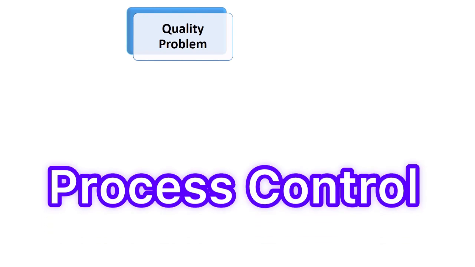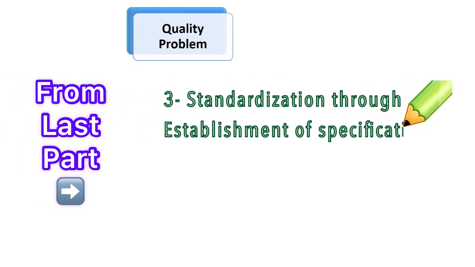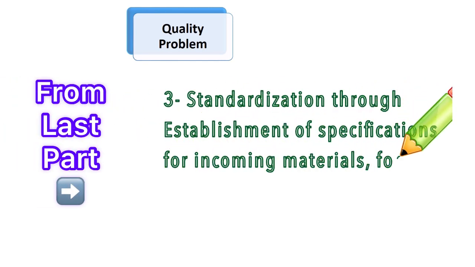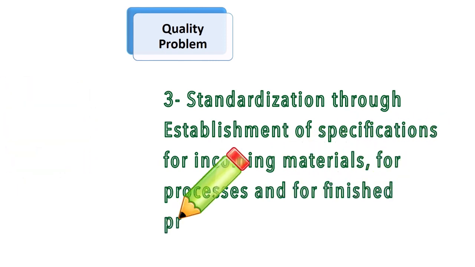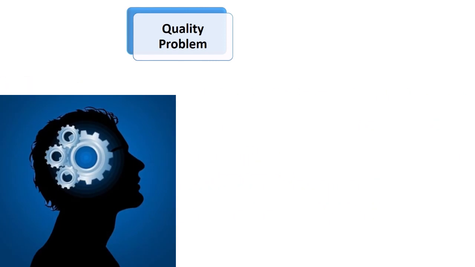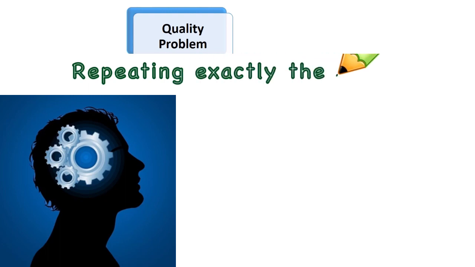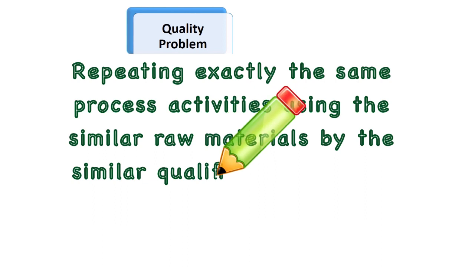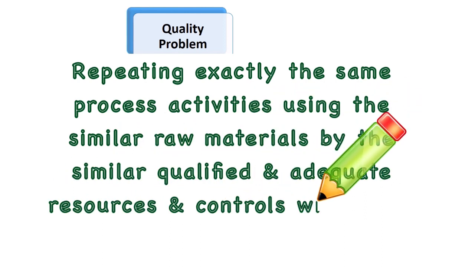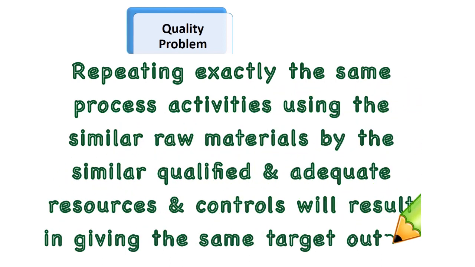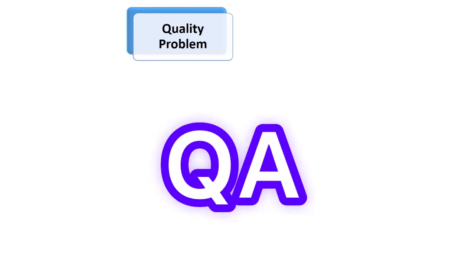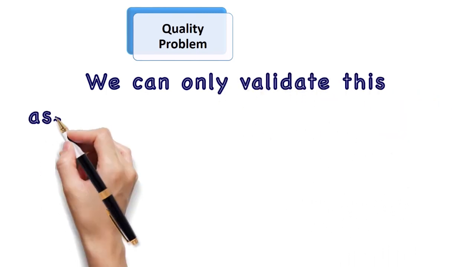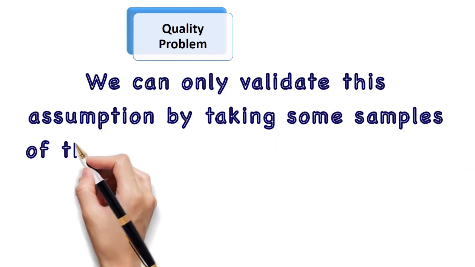And as mentioned before, this is a prevention approach in which we have to assure quality assurance by having a standardized and consistent process, following a general logical assumption that repeating exactly the same process activities using similar raw material by similar qualified and educated resources and controls will result in giving the same target output product, that is QA.